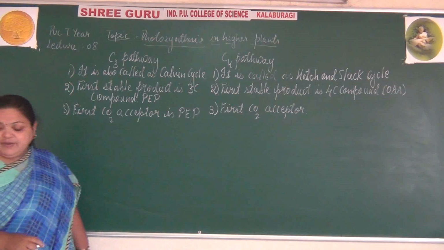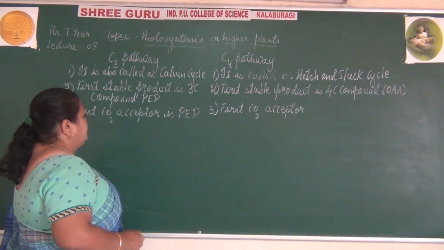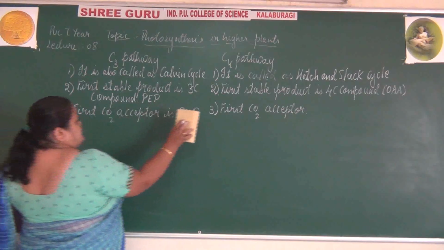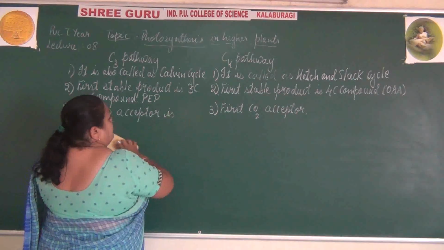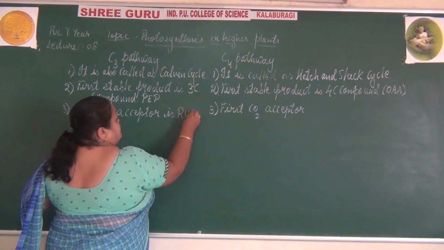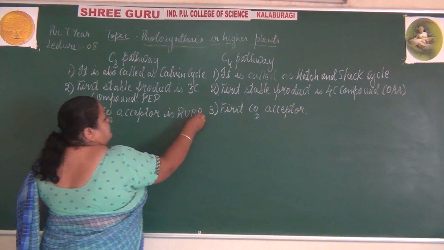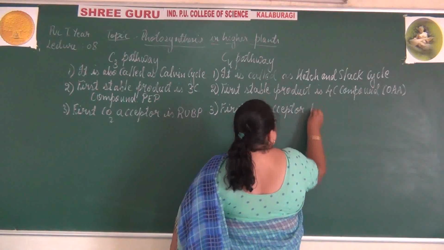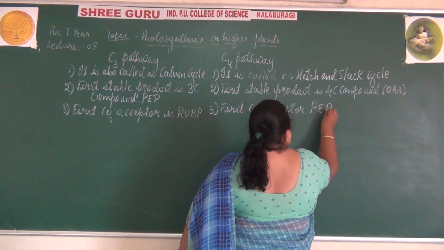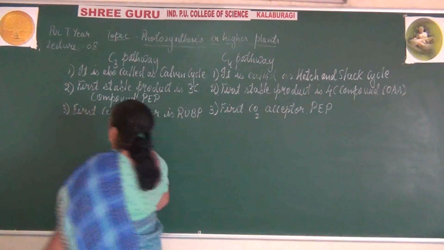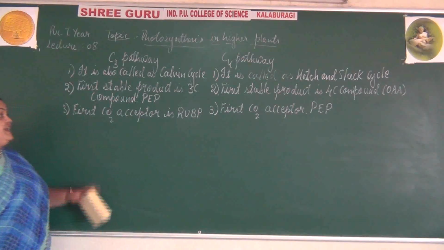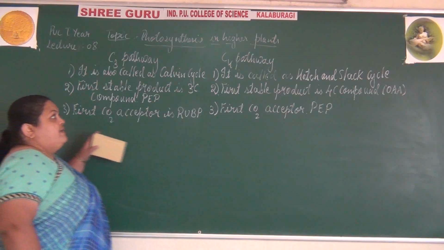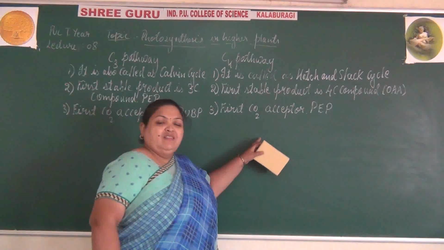The first carbon dioxide acceptor in C3 is ribulose bisphosphate, while the first carbon dioxide acceptor in C4 is phosphoenol pyruvate.